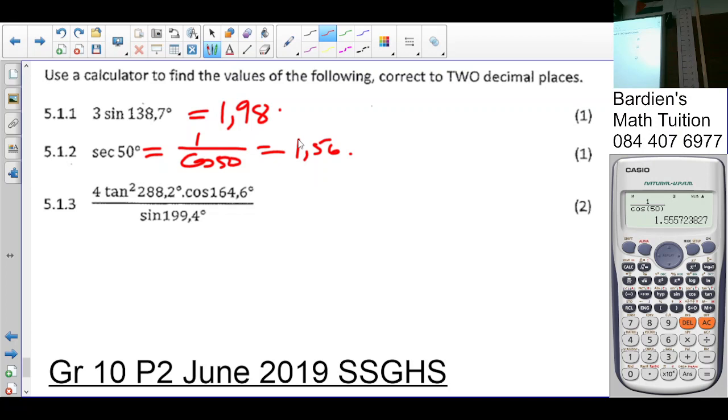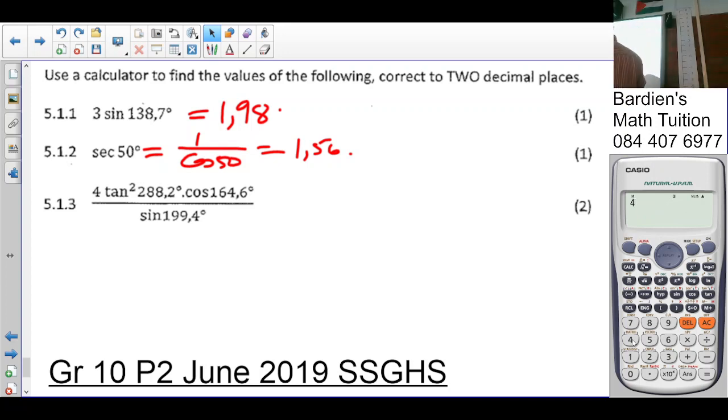Alright. Last one we have 4 tan squared, so it's 4 open brackets tan 288.2 close brackets squared times cos 164.6, that's over sine 199.4.